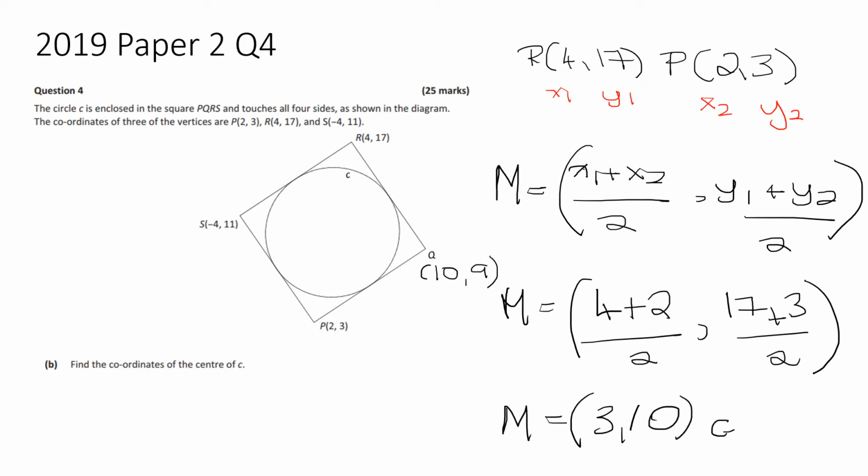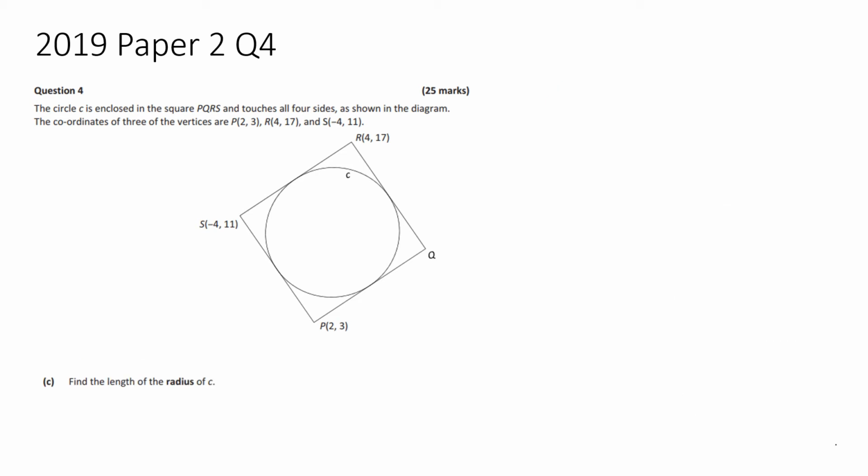So that is your center. Okay, so 3, 10 is your center. If we go on to the next part then, I'm just going to put in 3, 10 here in case I need it.